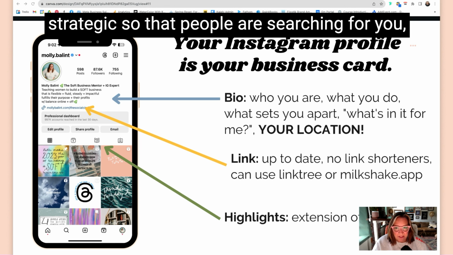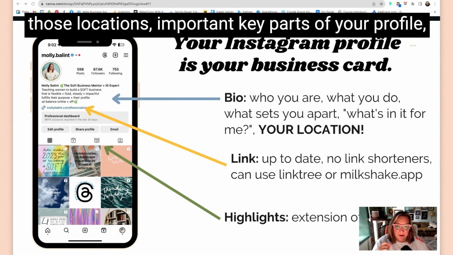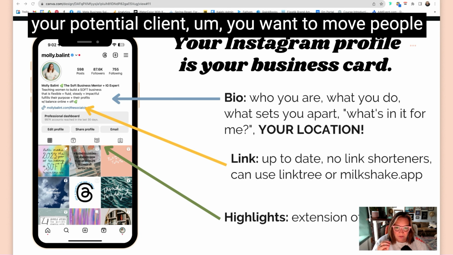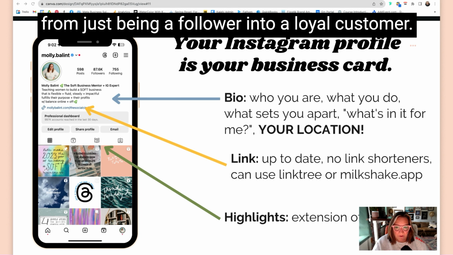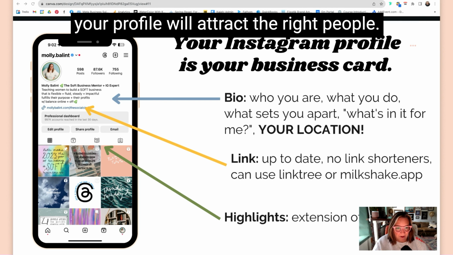You want it to be strategic, so that people are searching for you, you show up in their search results, and you have those location and key parts of your profile so that you are attracting your customer, your potential client. You want to move people from just being a follower into a loyal customer. So these things are really important so that your profile will attract the right people.